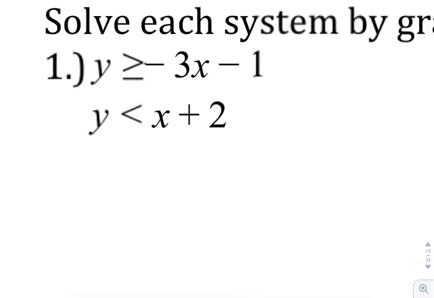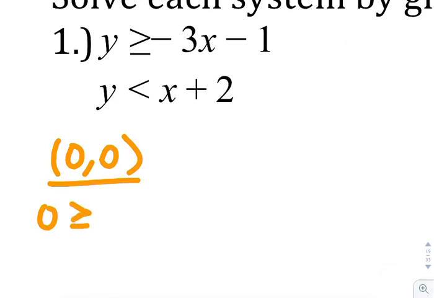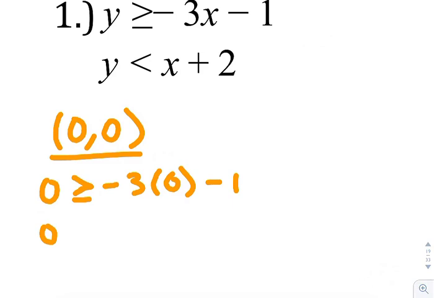I always like to write the ordered pair that I'm plugging in. Plug in 0, it's the easiest point to plug in if you can. 0 is greater than or equal to negative 3 times 0 minus 1. So 0 is greater than or equal to negative 3 times 0, which is 0, minus 1.